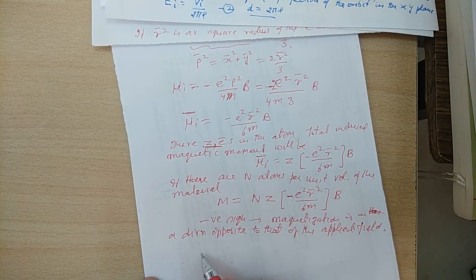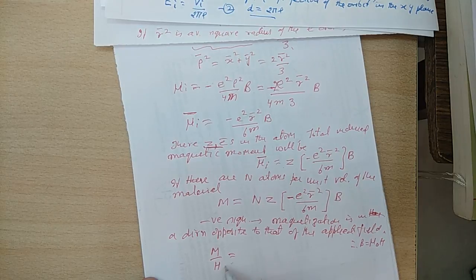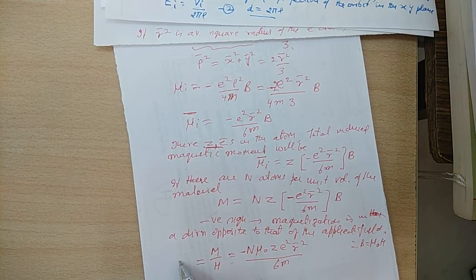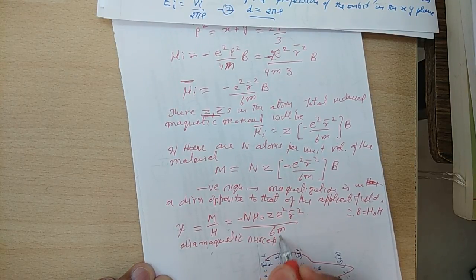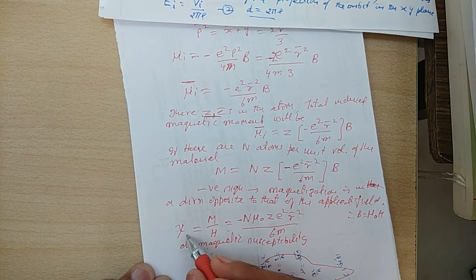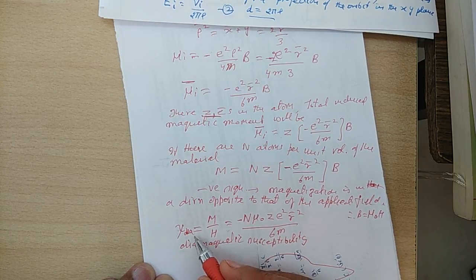And from here I can also write M by H, where B is equal to μ₀H. From this expression I get μ₀ Z e² times the average r² by 6m, and this quantity we can call the diamagnetic susceptibility, χ_dia.